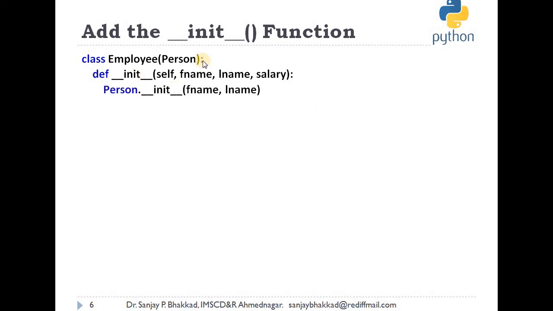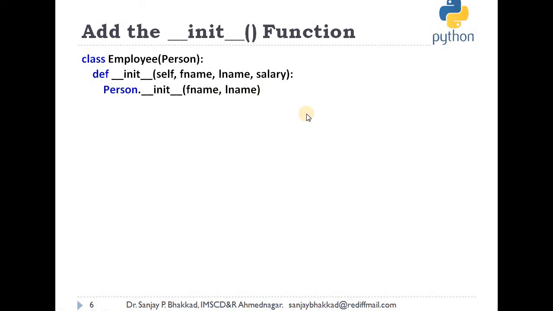Because first name and last name are the properties of my parent class, and these are already defined, we are going to call our parent's init function. That can be done like this: the name of the parent class, that is person dot underscore underscore init. Now it will call the init function of the person class, and there I pass the two properties, first name and last name.